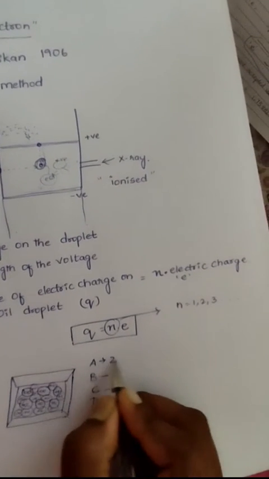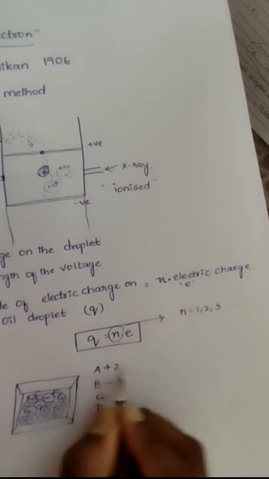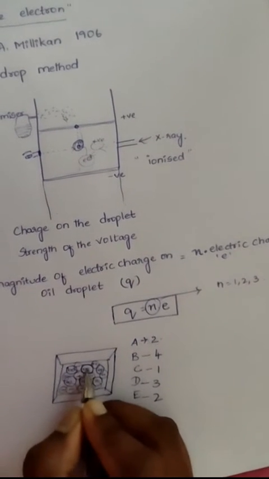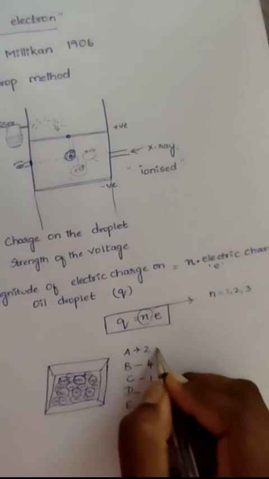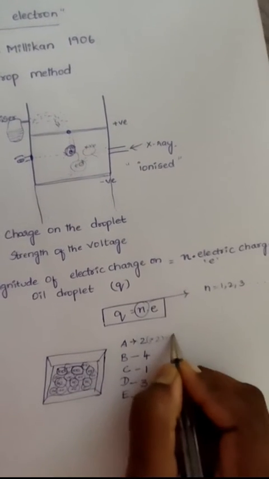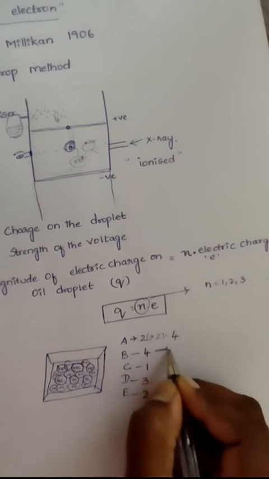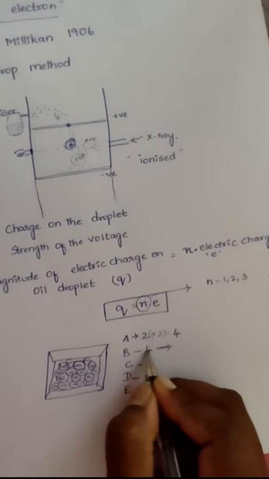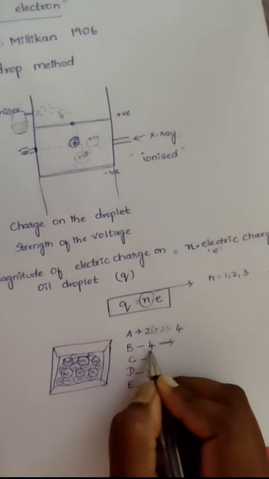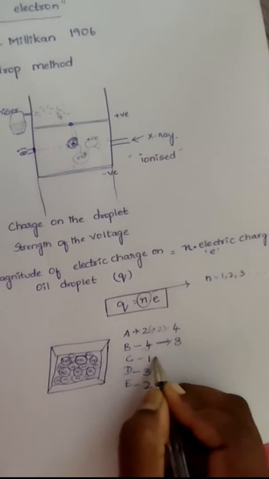So A has 2 packets of chocolates and in each packet they have 2 chocolates. Means overall A has 4 chocolates. B has 4 packets and in each packet B has 2 chocolates, means 4 into 2, 8.